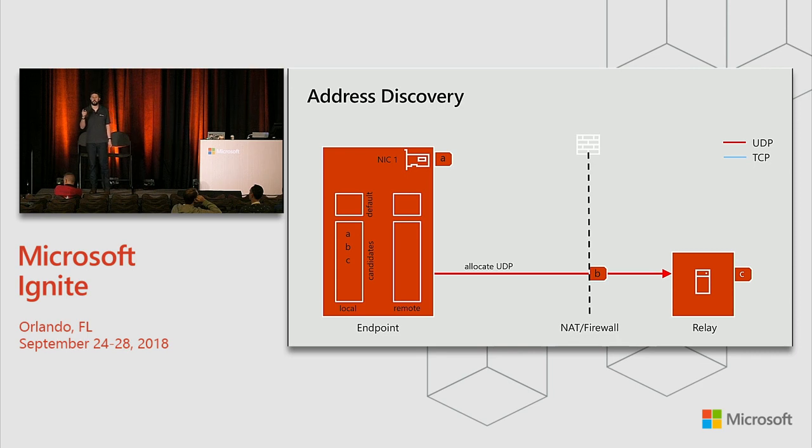That's where you can tell the other party that this is where they can connect to. So that's number C. While we're doing that, we're also saying, by the way, I've seen that your specific external IP address is B. So now we know the internal IP address, we know the external IP address, and we know the external reflexive IP address.